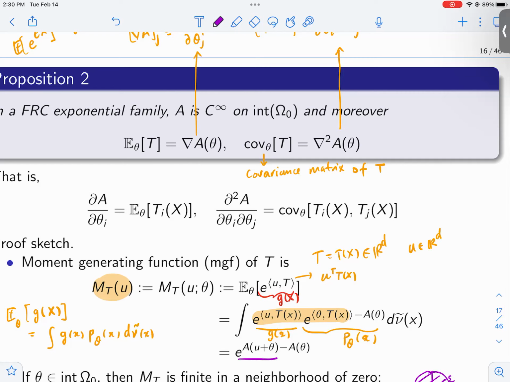Because the Hessian is the derivative of the gradient, the gradient would be a regular map. So everything regular, everything nice. In a full rank exponential family, there's no singularity, there's no issue. Sounds good. So convexity follows, and also regularity of the gradient map.